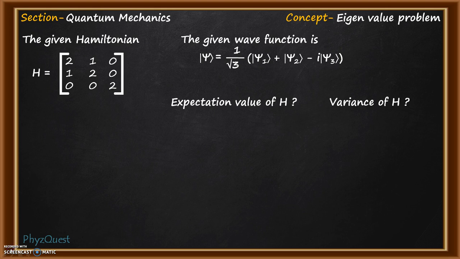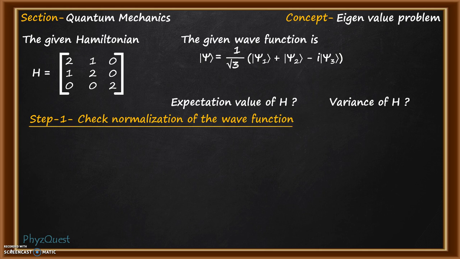In order to solve this problem, we need to proceed step by step. Here we need to find out the expectation value and the variance. In any quantum mechanics problem, before calculating any parameter, we must check whether the given state is normalized or not. To check whether a wave function is normalized, we multiply the wave function with its complex conjugate, and it should be equal to 1. Then psi will be a normalized wave function.